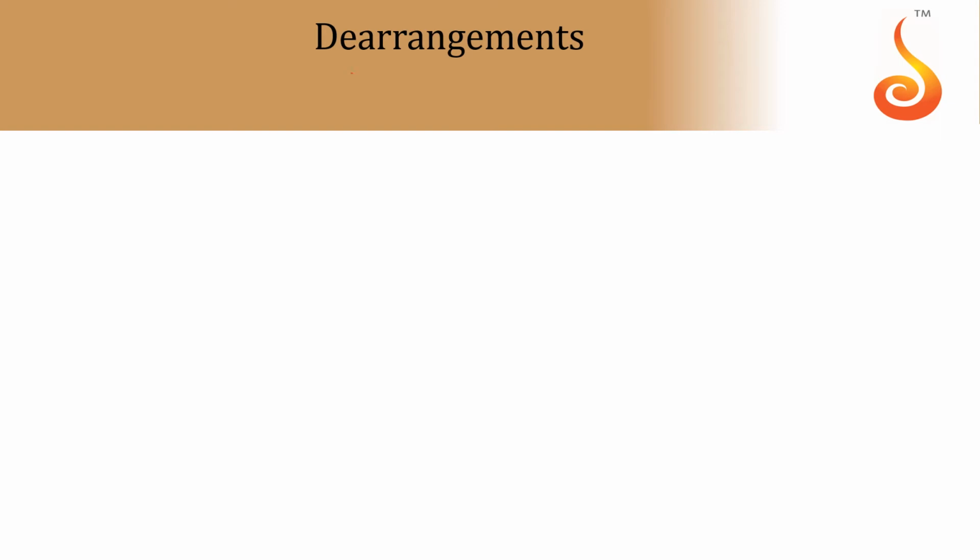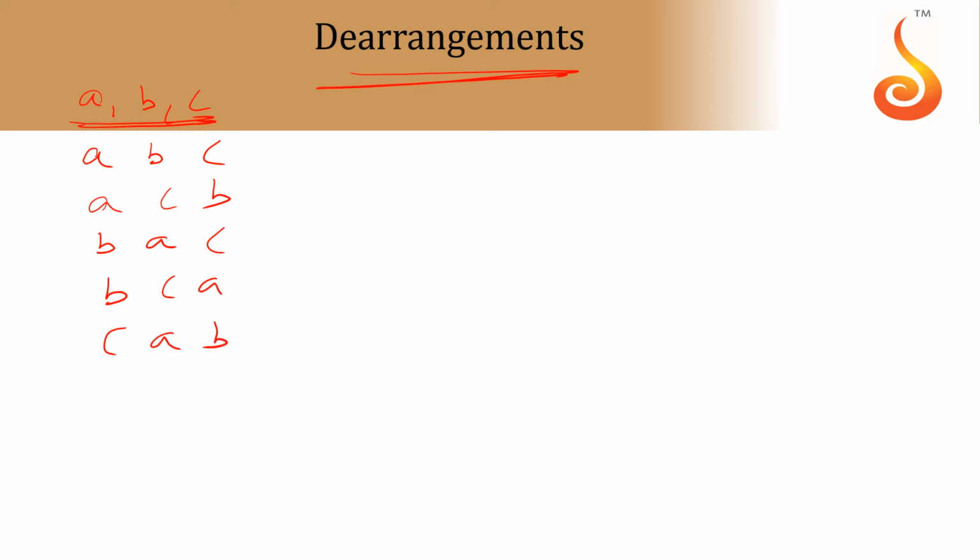So, derangements. Suppose A, B, C are 3 students sitting like that. If we ask them to arrange among themselves, you know that there will be 3 factorial permutations. There are 6 permutations. So they are nothing but ABC, ACB, BAC, BCA, CAB, CBA.